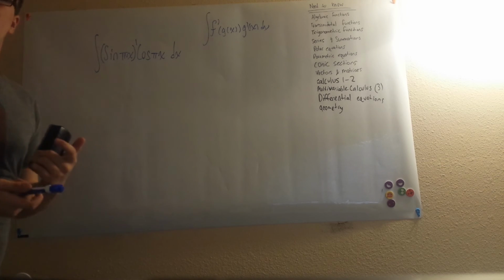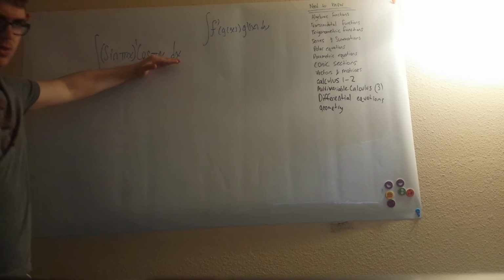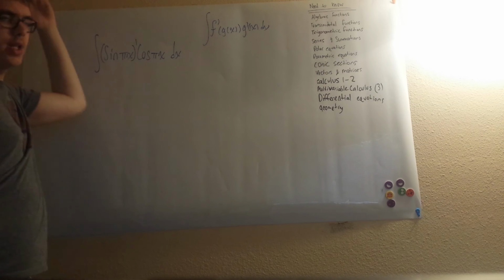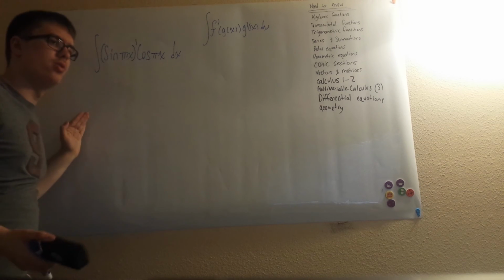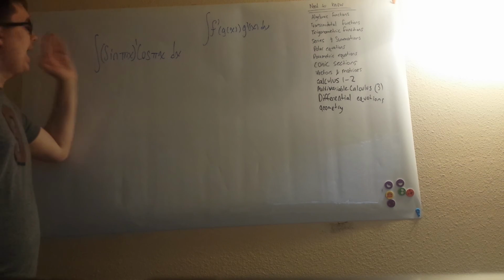And the reason why is because you want to really get rid of this cosine. Or you want to get rid of this sine. You want to get rid of it because you can't integrate by separating those. You can't separate those. You gotta get rid of one. How do you do that?